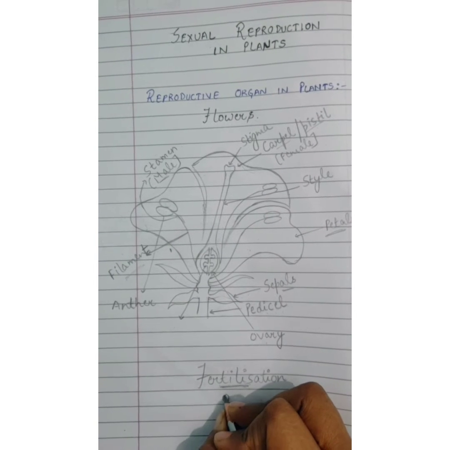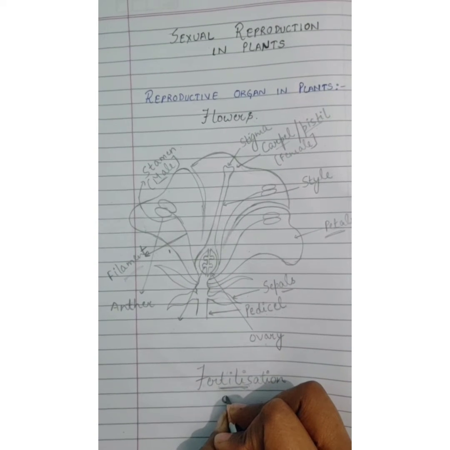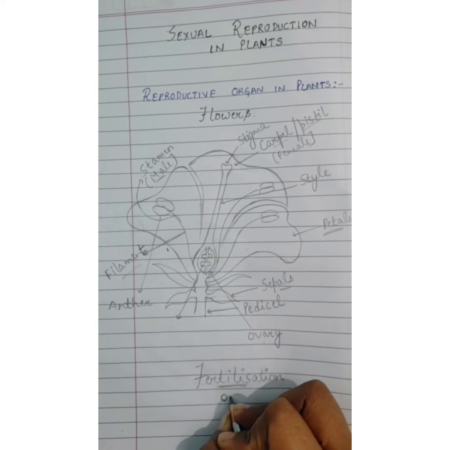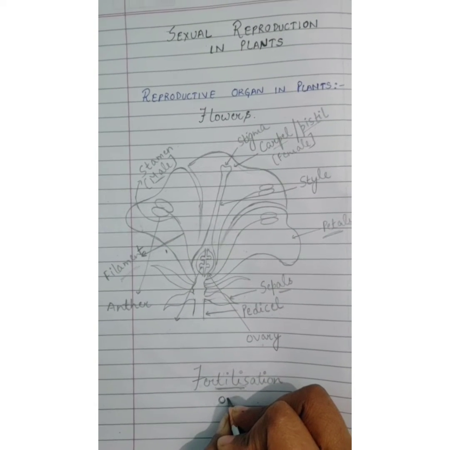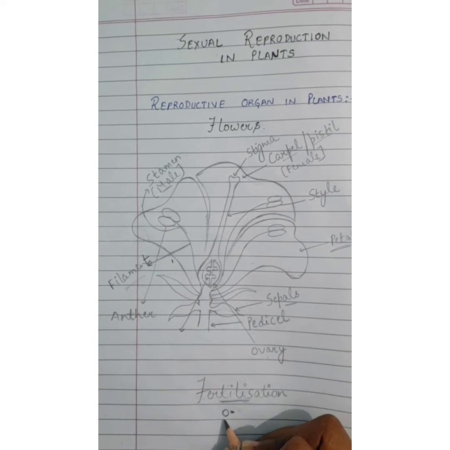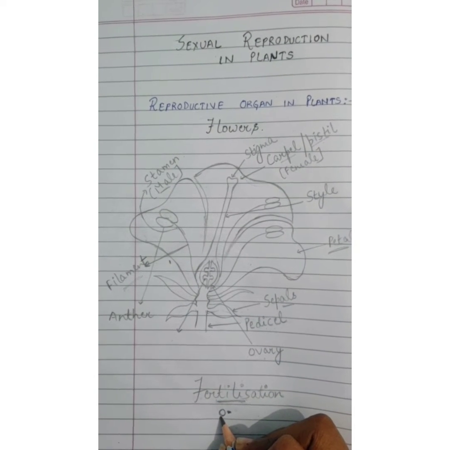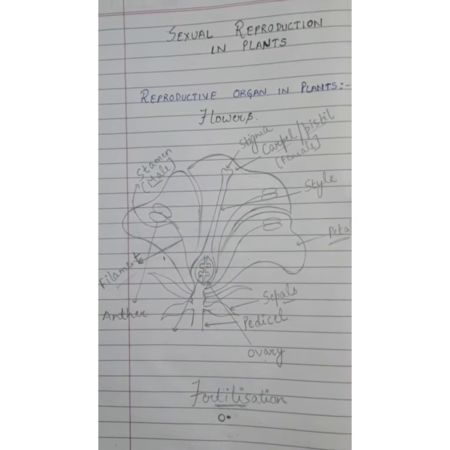If this is a female gamete or the female sex cell and this is the male gamete or the male sex cell, when the two sex cells, male and female, fuse, the meaning of fusion is to unite.